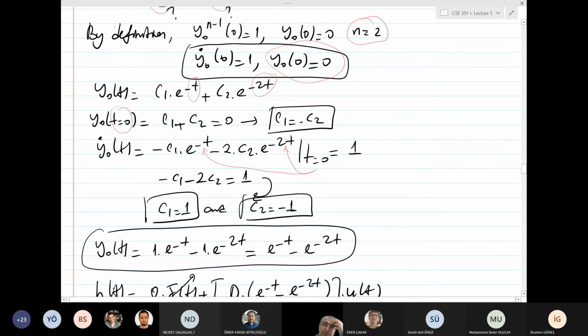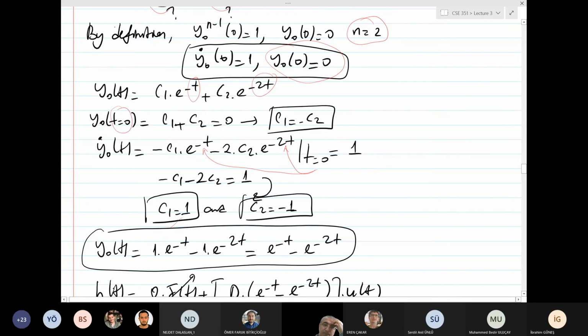So we obtain these two coefficients for the zero input response. And we plug into this equation: C1 here, times exponential minus t plus minus 1 times exponential minus 2t. And you reorganize, which is going to be equal to this.